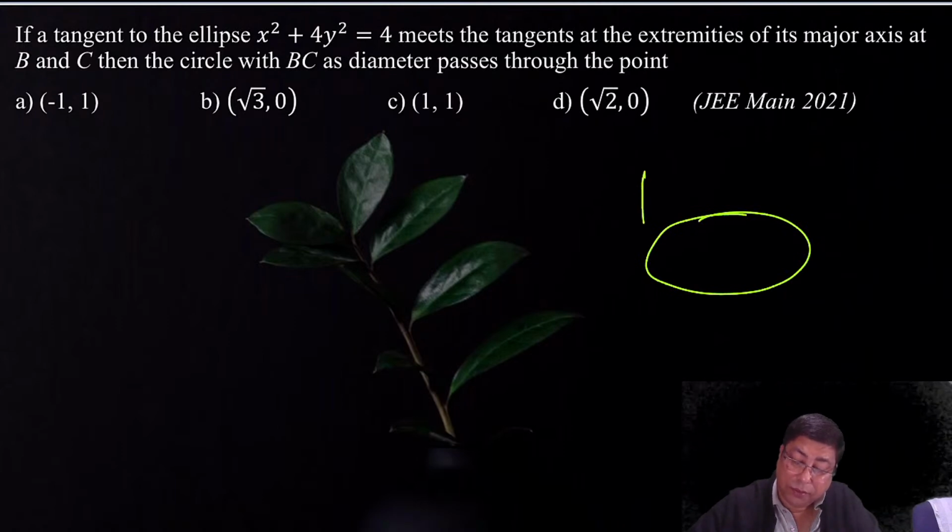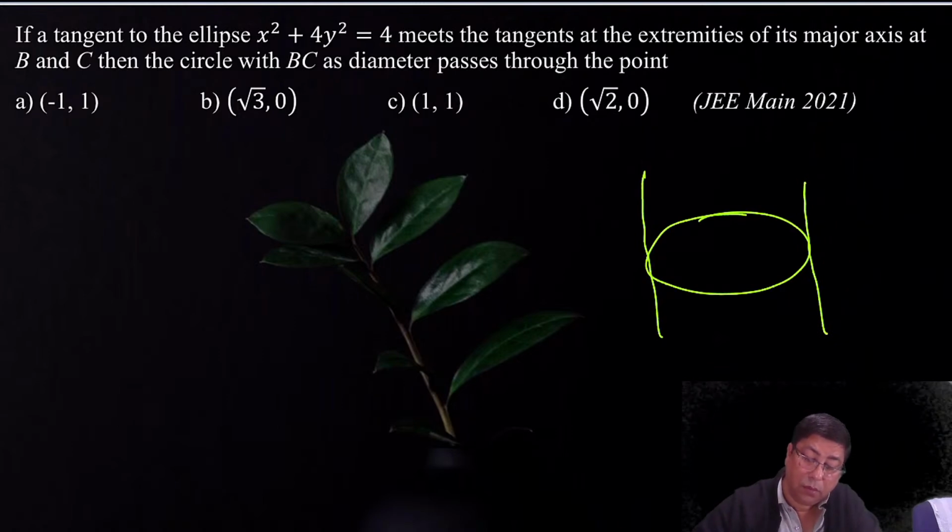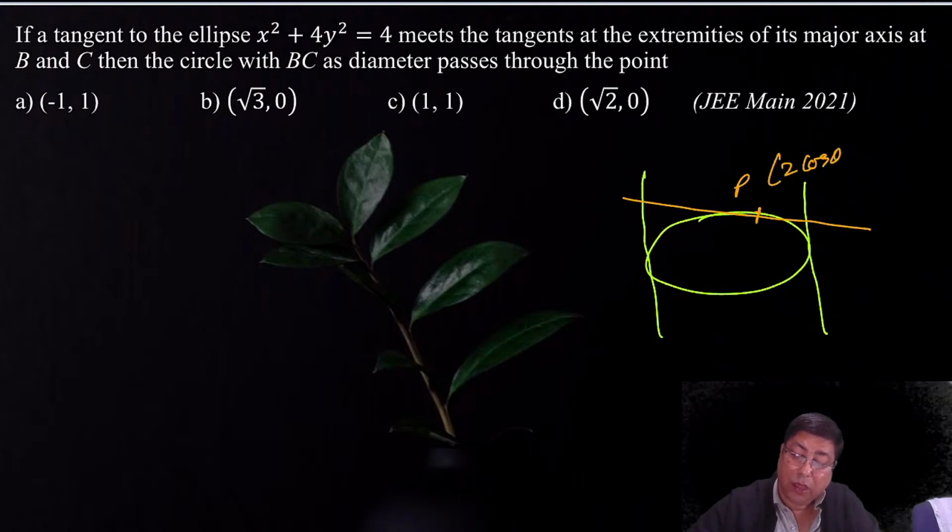Let us draw the ellipse. Suppose this point is P, A cos theta, B sin theta, 2 cos theta, comma sin theta, right? So yes, 2 cos theta, comma sin theta. Suppose this is Q and this is R.